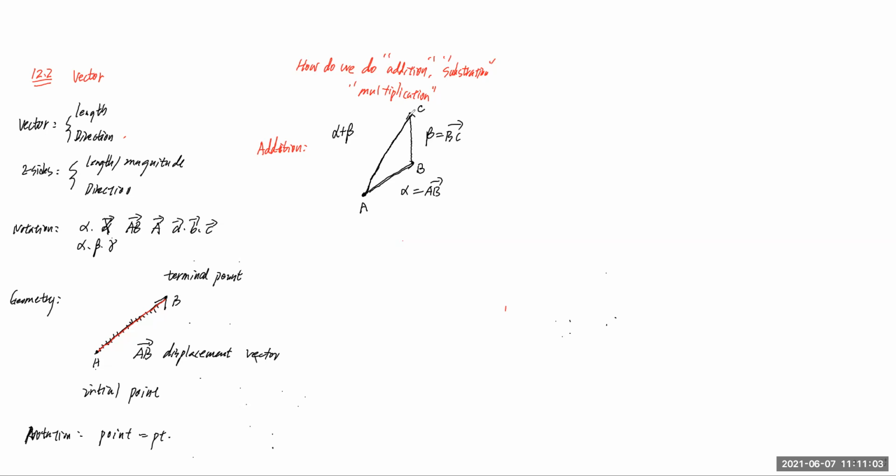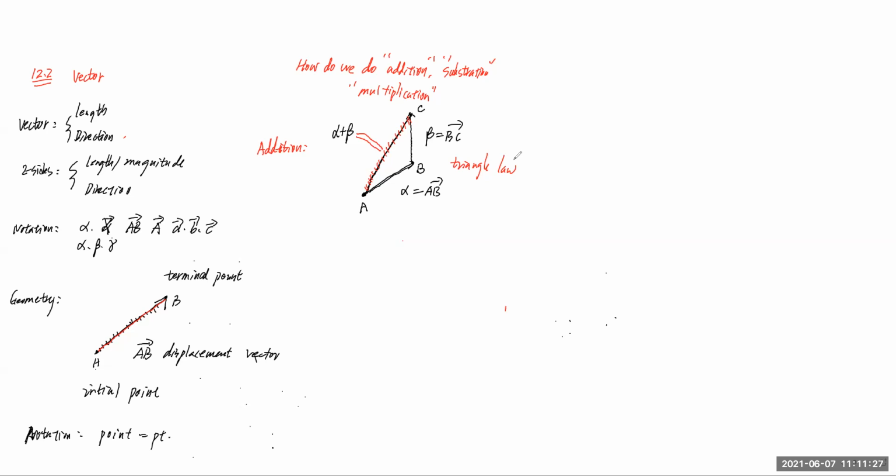And then we define this as the sum of alpha and beta. Is it clear? This is called the triangular rule.